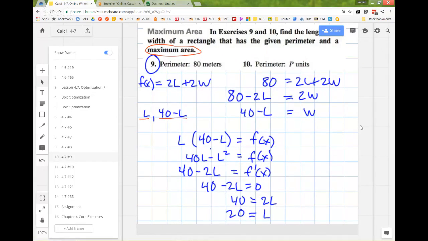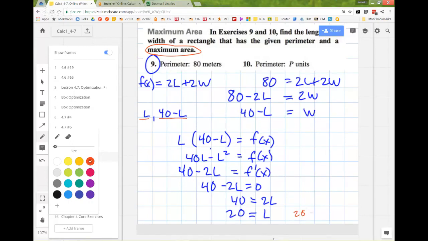And you see how here it did? 20 is the length and 20 is the width. So once again, you'll see this often happens. This almost always happens with a rectangle, that it turns out to be a square.